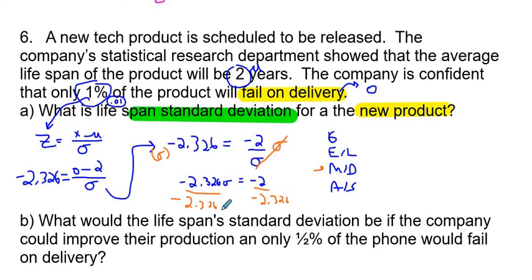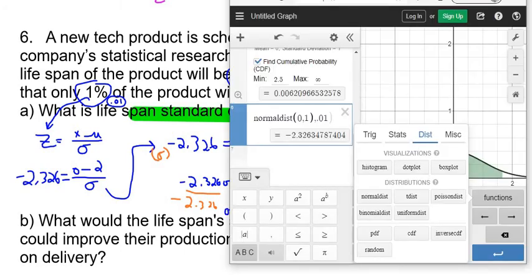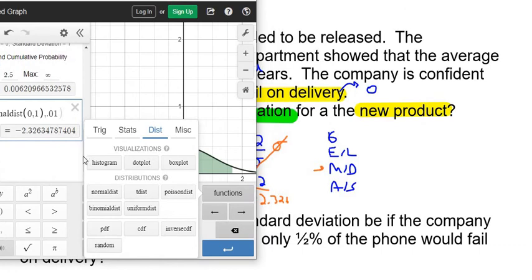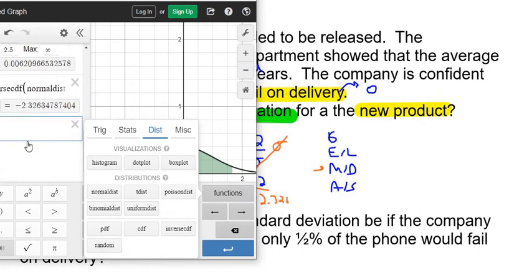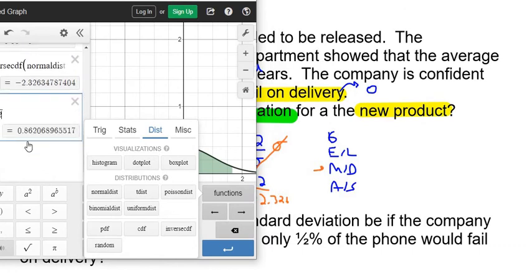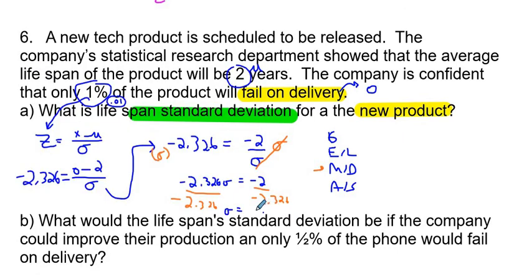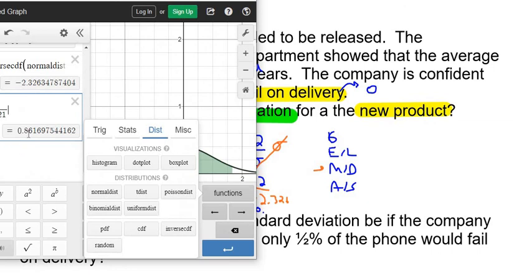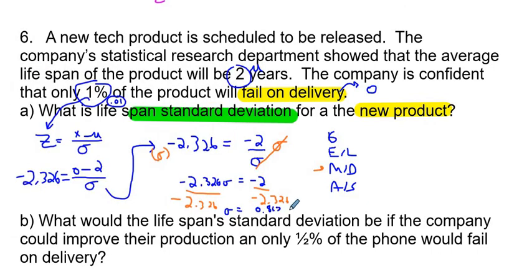So sigma would be 2 divided by 2.326, which is 0.862 years. 0.862. And don't forget to use units. Years is our expected standard deviation of this new product.